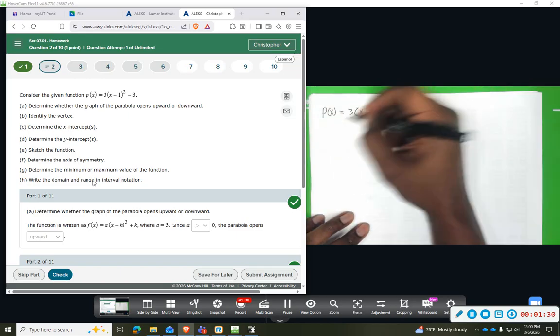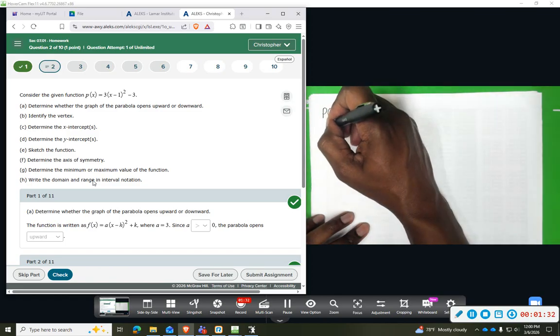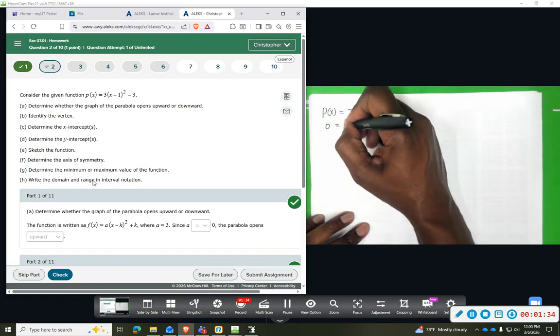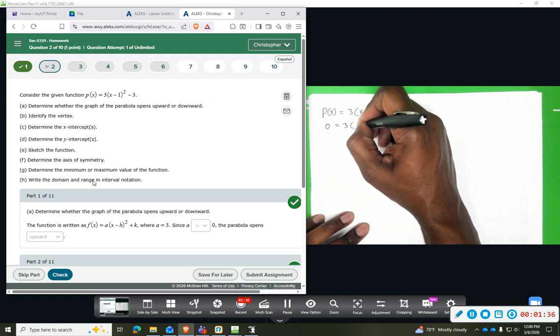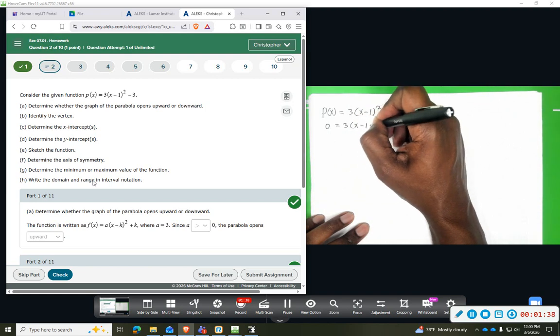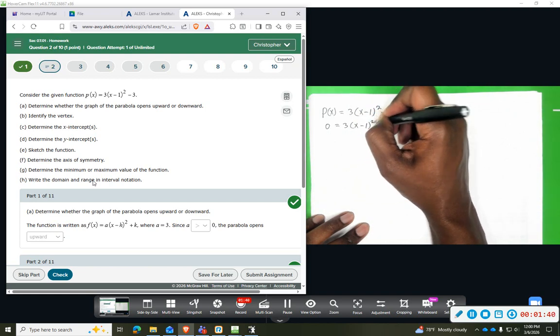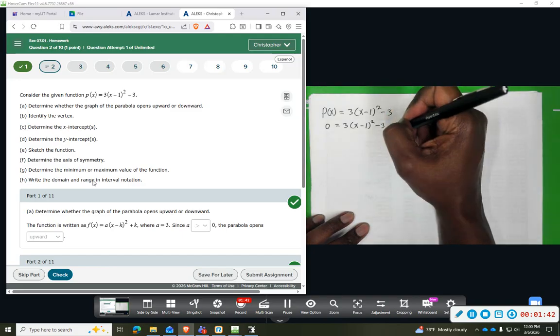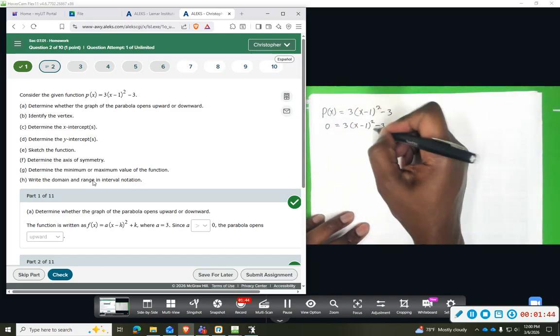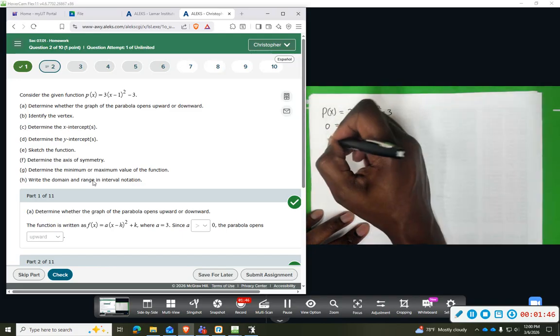Okay, so we're going to set this equal to 0. I'm going to add 3. So I'm going to explain what we're doing. We're going to add 3, so it's going to give us 3.